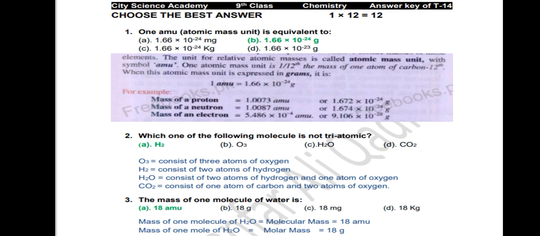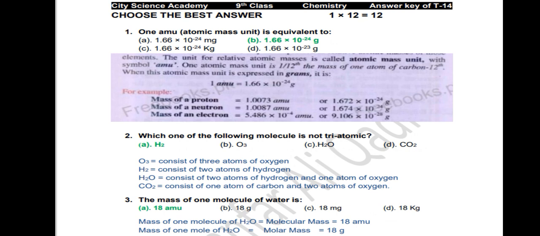Mass of one molecule of water is: 18 AMU, 18 gram, 18 milligram, 18 kilogram. One molecule of water means the molecular mass of one molecule of water, that is 18 AMU, atomic mass unit. But if we are talking about 1 mole of water, the molar mass of 1 mole of water will be 18 gram.